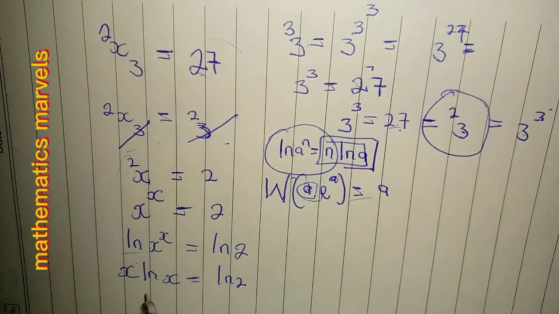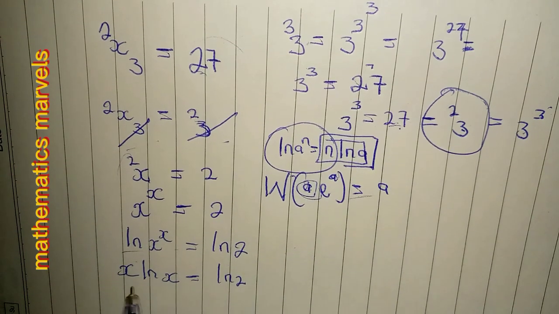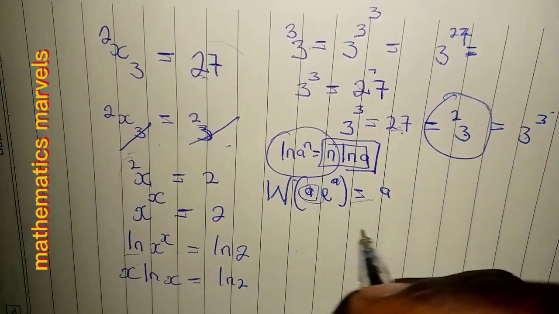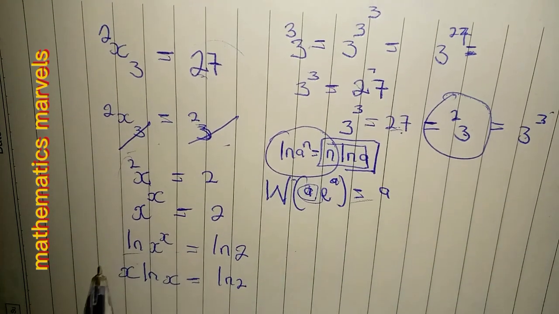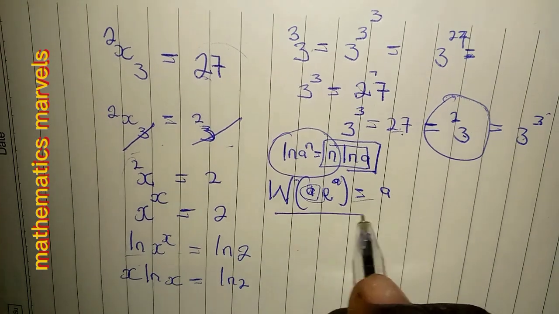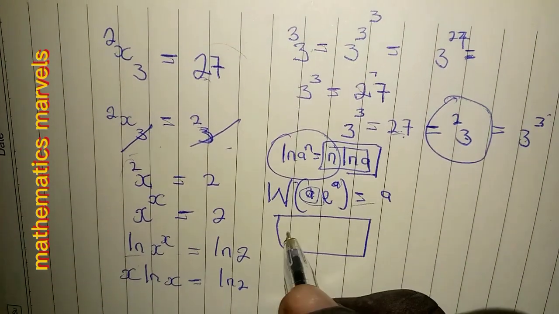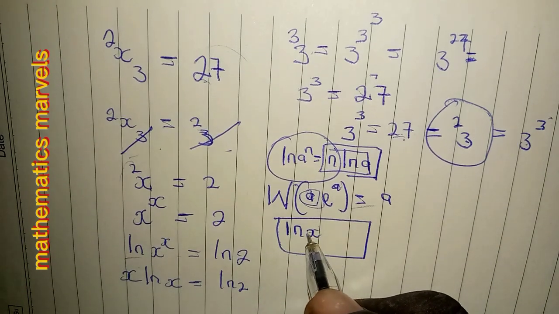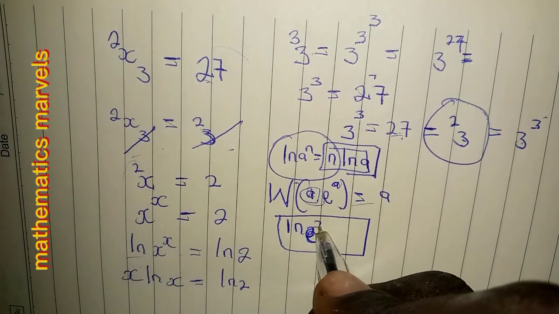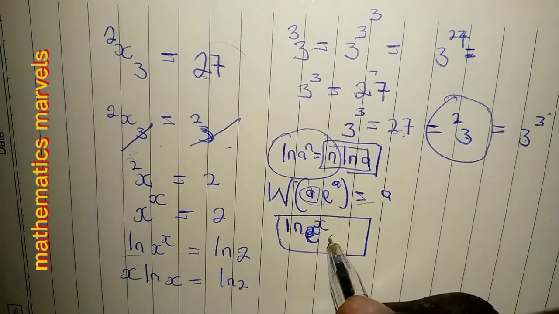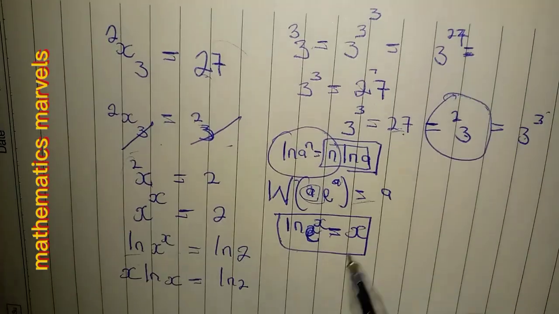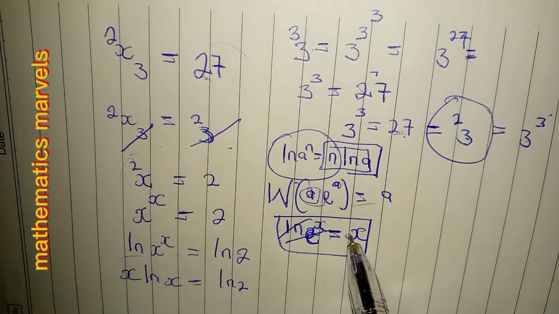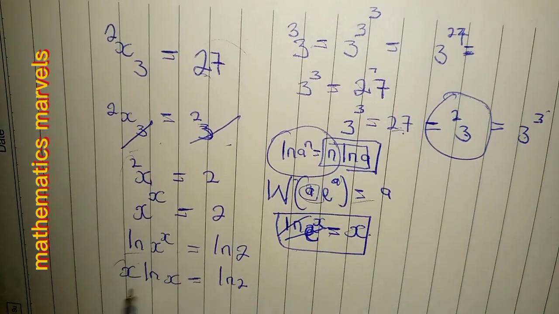So before using this property, let's take the Lambert W function of both sides. And also let us note this property, which is the natural logarithm of e raised to the power of x is equal to x, because the natural logarithm is going to cancel e, so we are left with x.